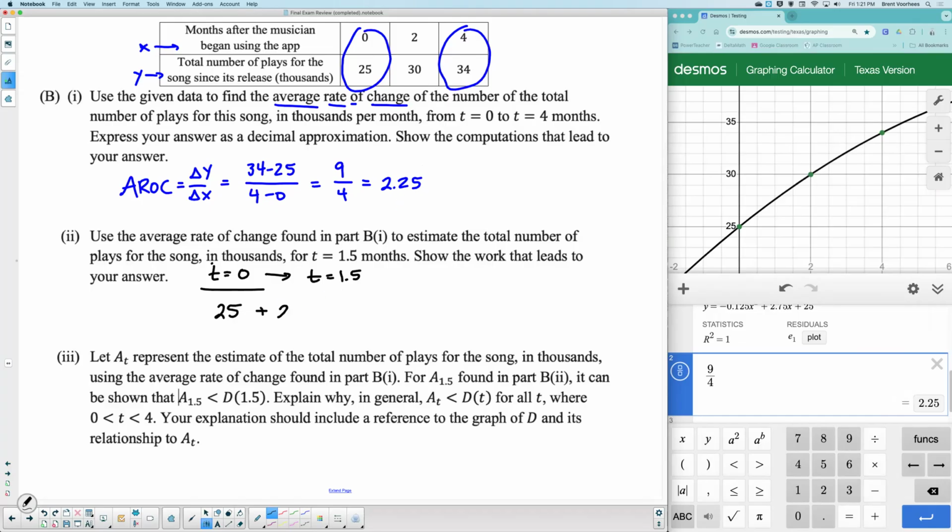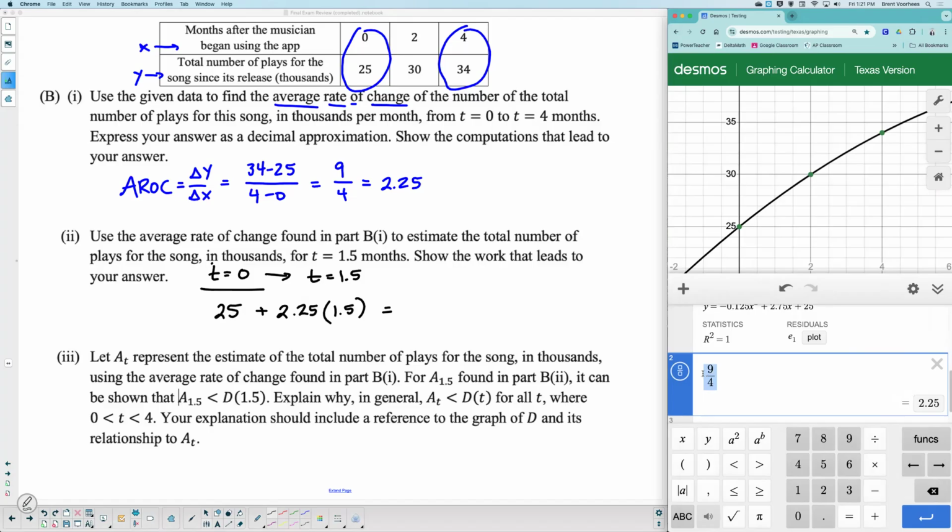So here's all you have to do: 2.25 times how much t changed to get from 0 to 1.5. How much did t change by? 1.5. Just multiply that right there. That'll give you my answer. You add 2.25 to get to 1, and then you add half of it to get to 1.5. So it's simply going to be 25 plus 2.25 times 1.5.